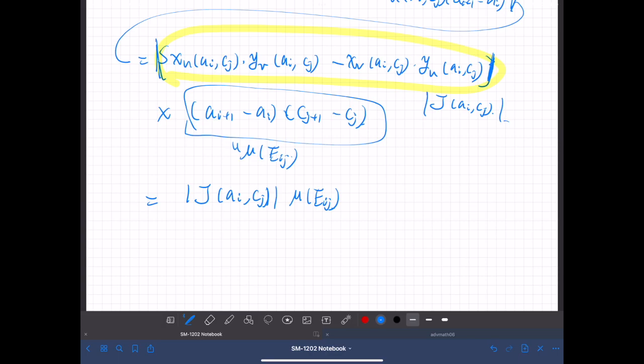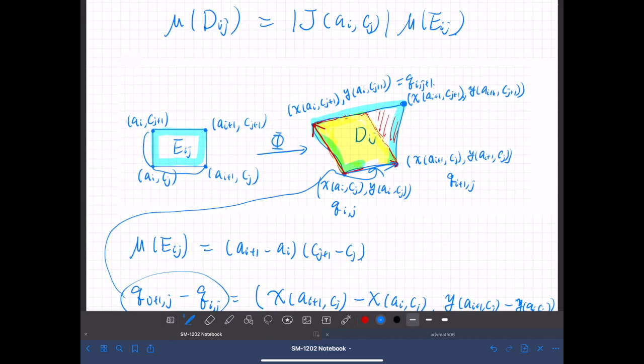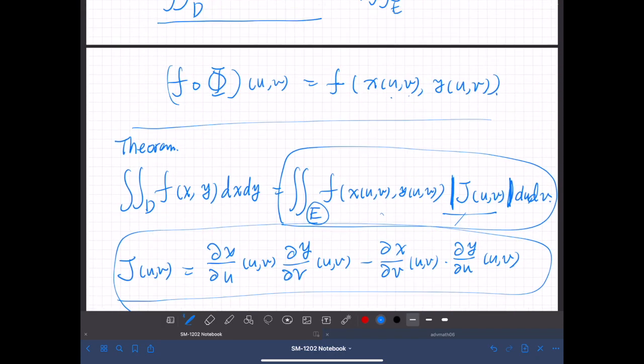And after all, this is an approximation of the area of D_ij. So we have some intuitive understanding of the equality between these two integrals, this and this. So if we change variables, we need the Jacobian.